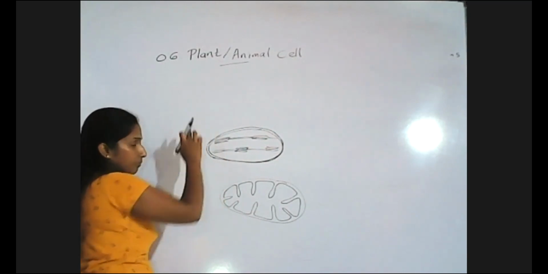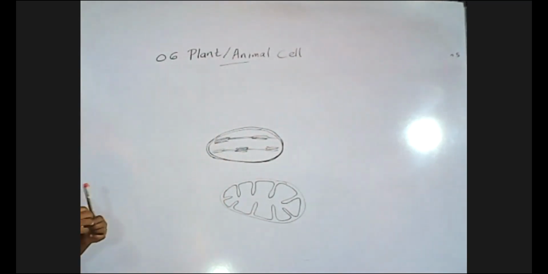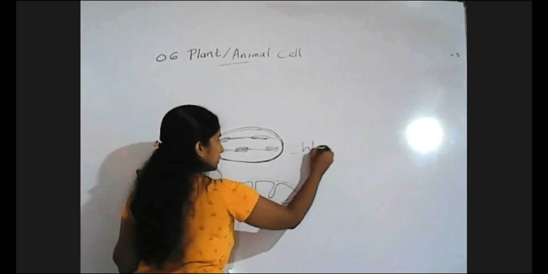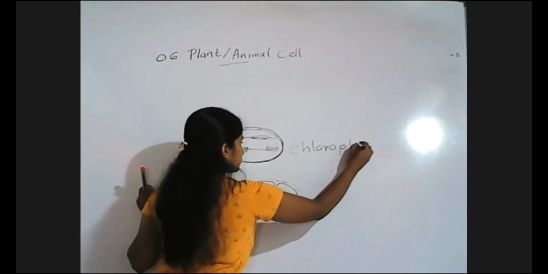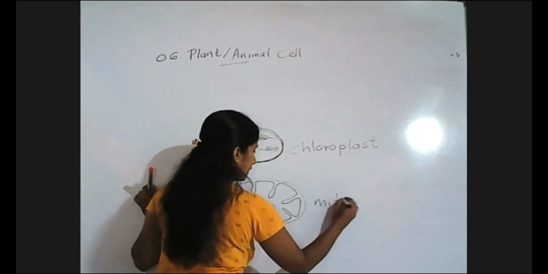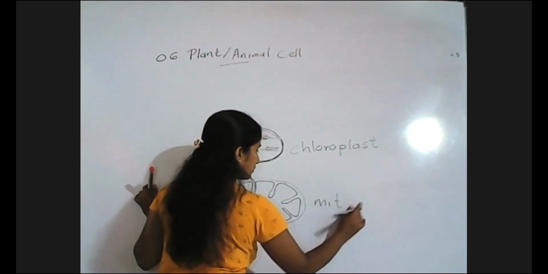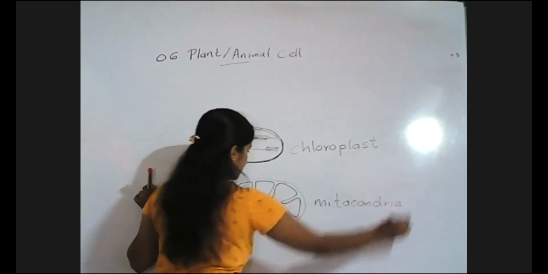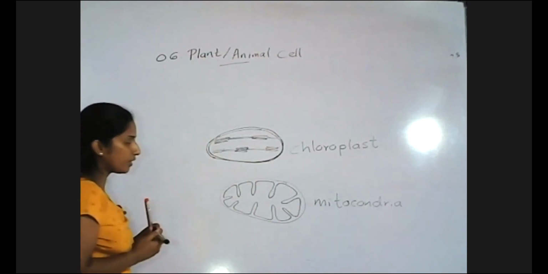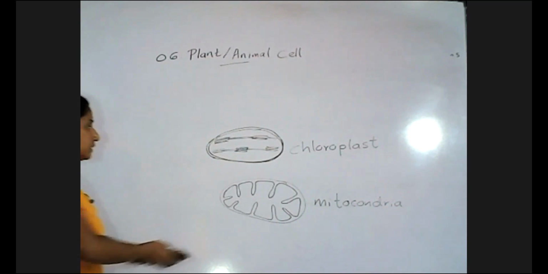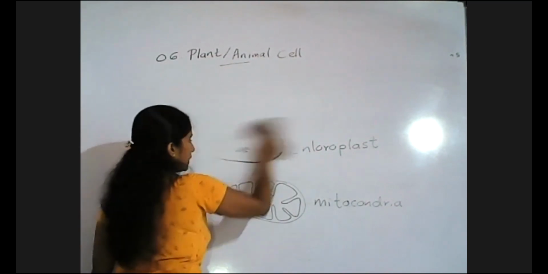Mitochondrion we can find in both the animal cells and plant cells, right? This is chloroplast, and this is mitochondria. You have to remember with the figure, Pute, right? So that is about cell organelles.